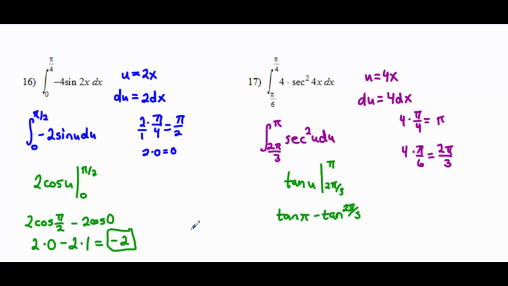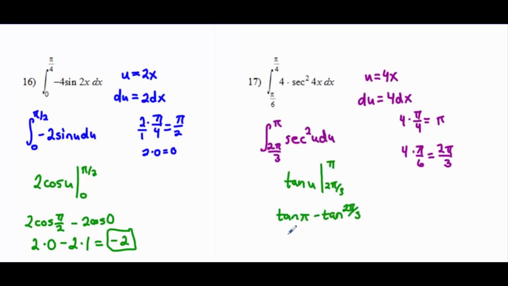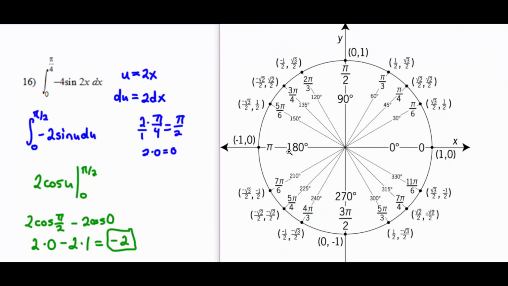Tangent on the unit circle is our y value over our x value. So at pi, our y value over our x value is 0 over negative 1. 0 divided by negative 1 is just 0. At 2 pi over 3, which is up here, our y value is square root of 3 over 2. Our x value is negative 1/2.